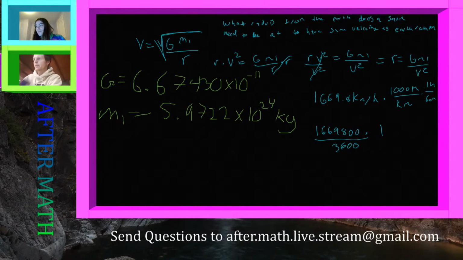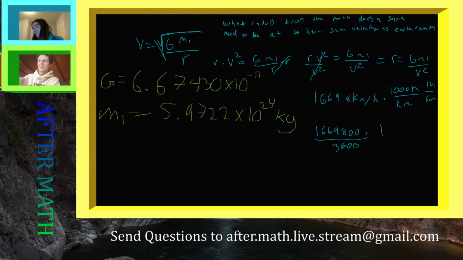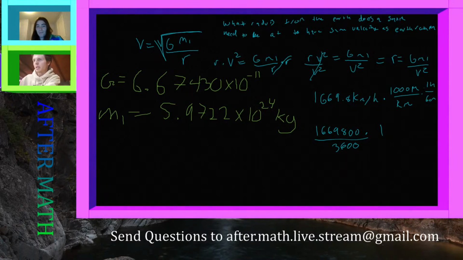This is why I like to just be a physicist, because we never actually have to use numbers, and we would have been done with this question a long time ago. So that is approximately 463.8 meters per second.